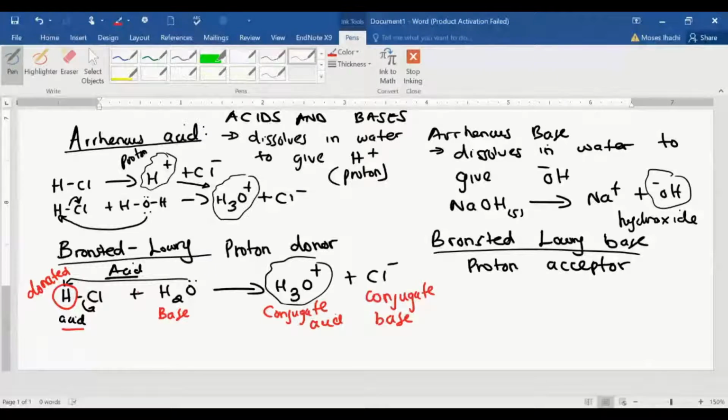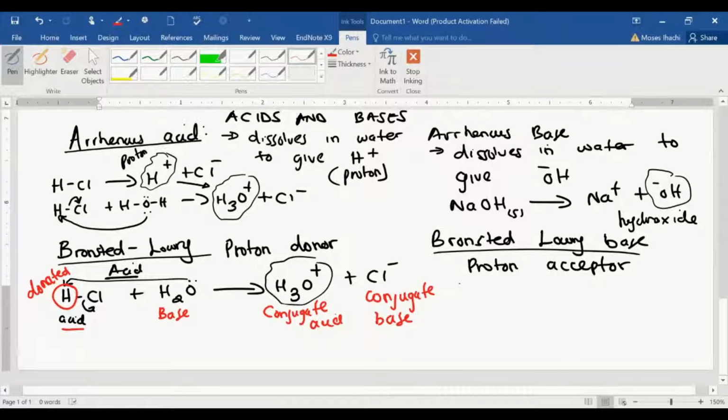Okay, so what about Bronsted Lowry base? A proton acceptor is a Bronsted Lowry base. For example, if I take HCl and put it in ammonia, the lone pair on the Lewis structure of ammonia will take out the hydrogen from HCl. So this will play the role of an acid. It's donating the proton.